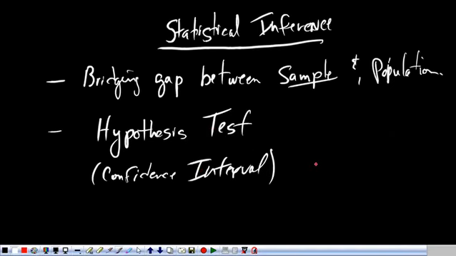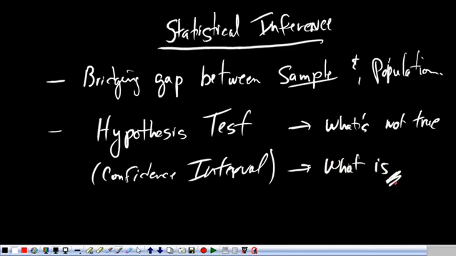And just one last comment on this is that hypothesis tests are great at telling you what's not true, or what something isn't, and confidence intervals are great at saying what is. Okay, so that's it. We'll cover hypothesis testing and statistical inference more throughout the rest of this course, but this is just the beginning.